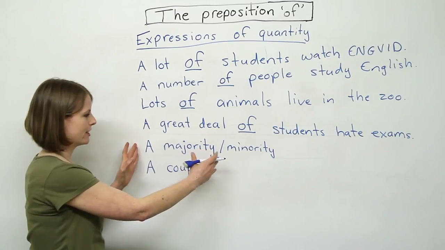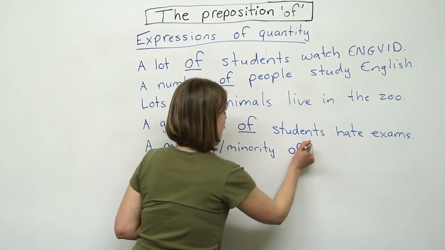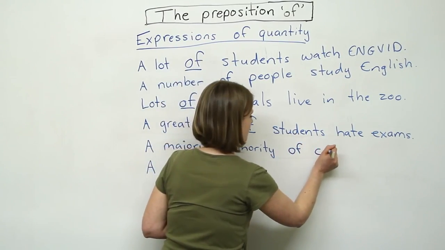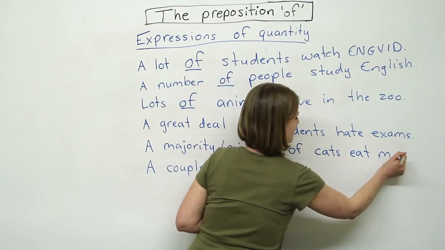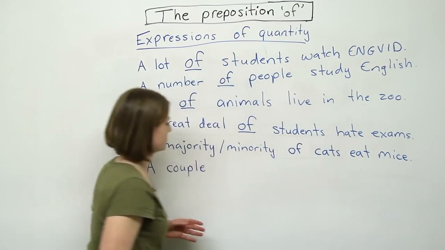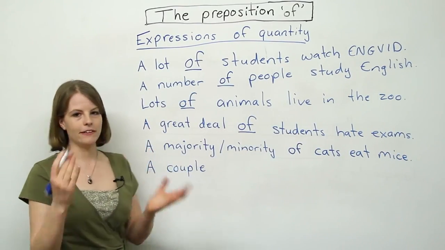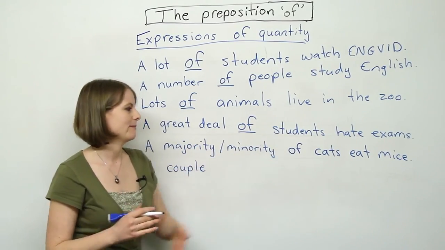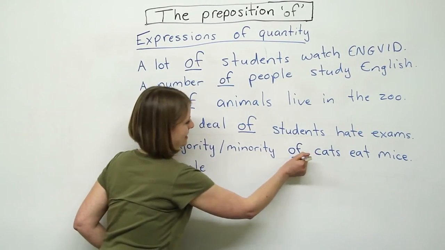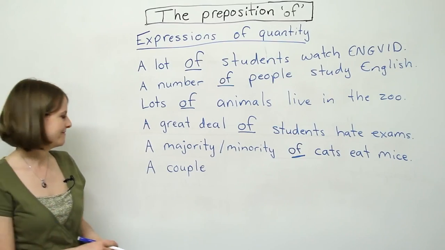So we can say a majority of cats eat mice. Or the opposite of that is a minority. I don't know if this is true, but a minority of cats eat mice. Again, key point, we need of.